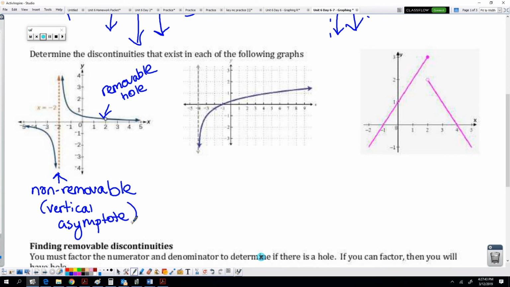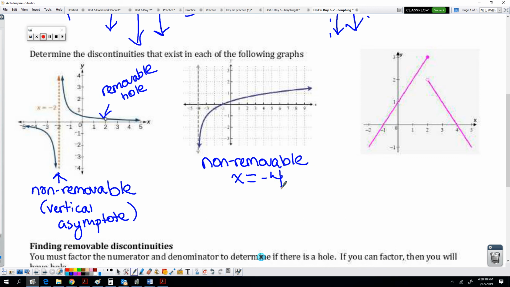So we were lucky. We actually had two things going on. Pretty cool. Now, let's take a look at the next one. Do I have a little hole? We don't. We have just a non-removable discontinuity, the asymptote. And my equation would be x equals -4 for my asymptote.